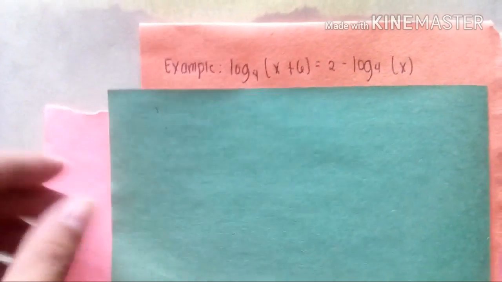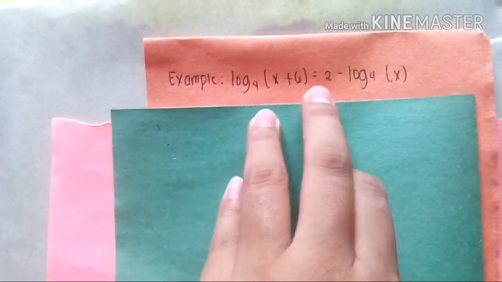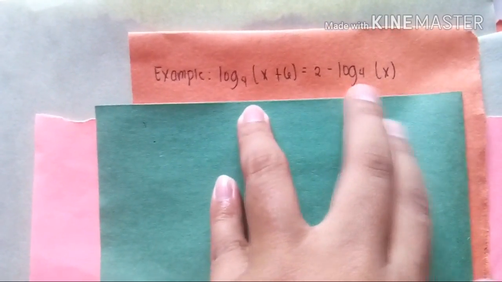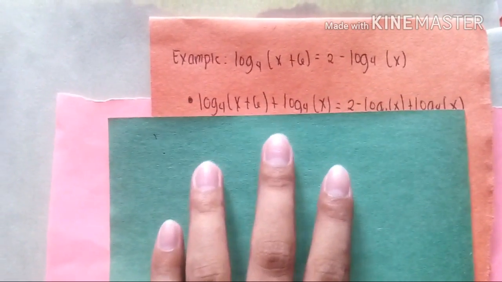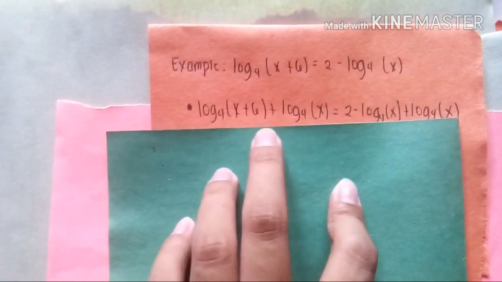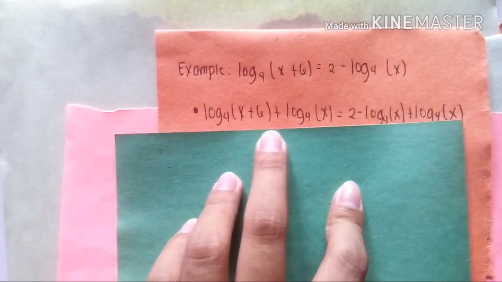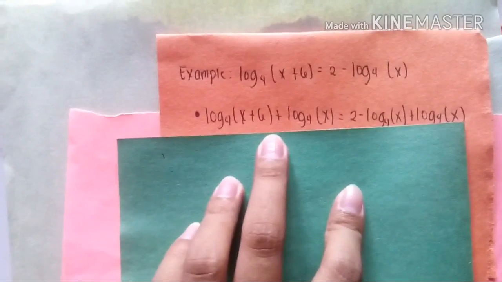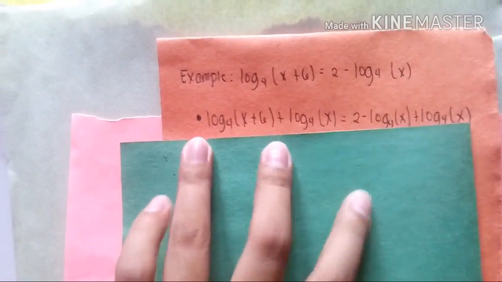The next step is to isolate the logarithm to one side of the equation. Example, log of 4x plus 6 equals 2 minus log of 4x. Use inverse operations to shift the parts of the equation around so that all logarithms are on one side of the equation while all other elements are on the opposite side.